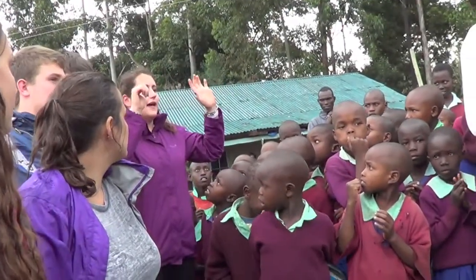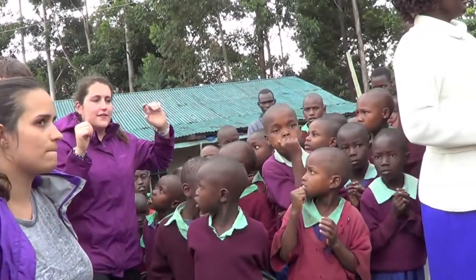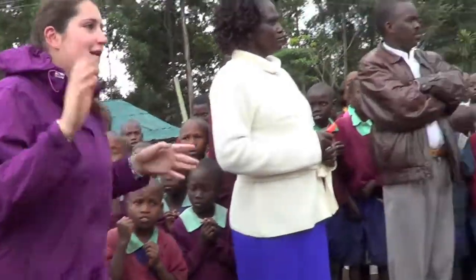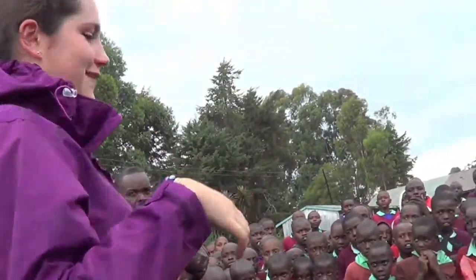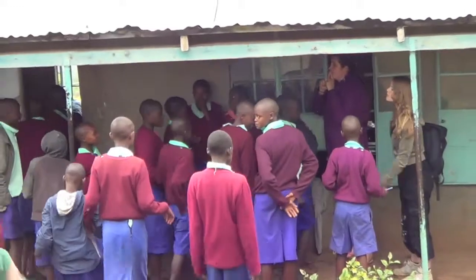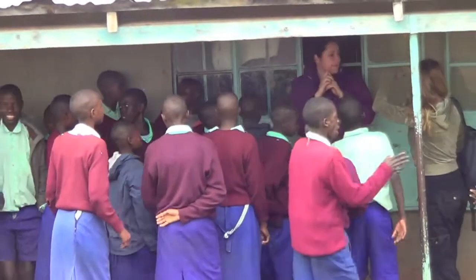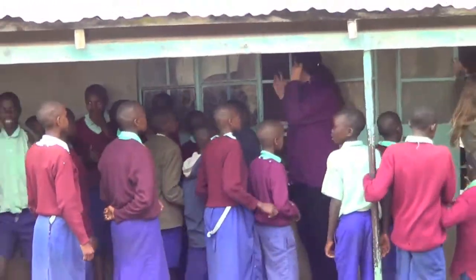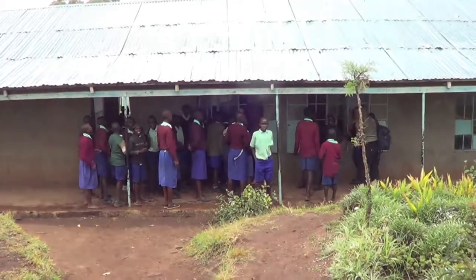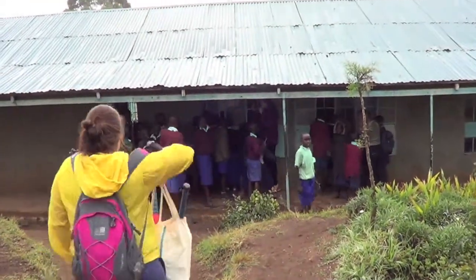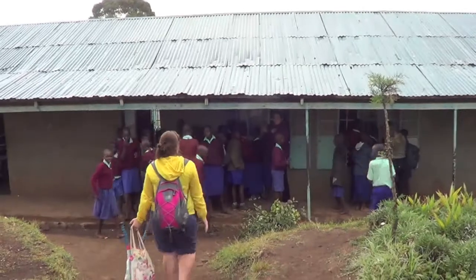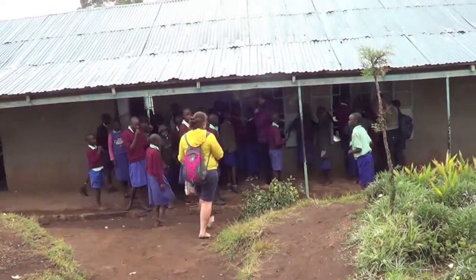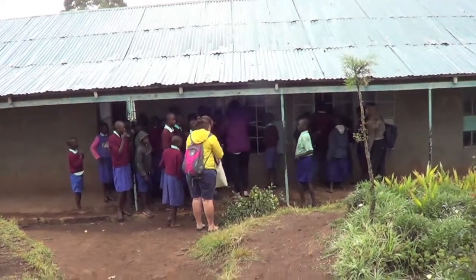Class 6. If you're in class 6, come down. We do our row, row, row your boat song. How about row one? Yeah, row one. Team one. Remember your team.